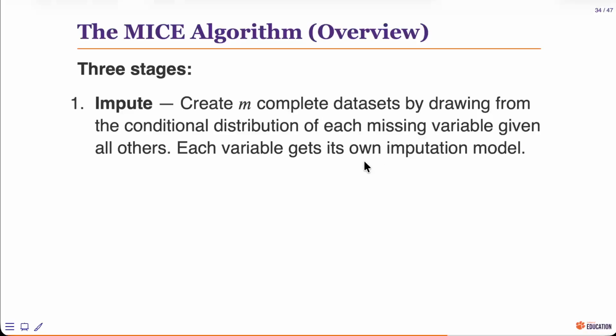Let's imagine this 5-variable path analysis that I've been hypothetically talking about throughout this lecture. In this case, for variable 1, you would predict its value using a linear model where variables 2, 3, 4, and 5 are predictors of it. Now, instead of imputing the predicted value, what you would do is draw an imputed value from the predicted distribution.